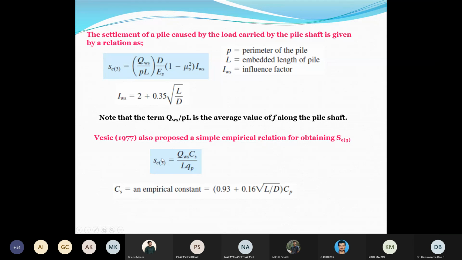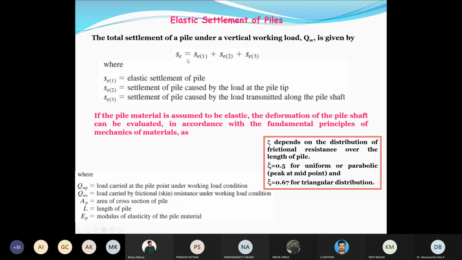That means the elastic settlements are related to the cone penetration, CPT, or SPT, or pressure meter, or anything. Now here I have not given the equation for SE1 because we already discussed it during the elastic settlement of the pile group. Just recall the previous class, then you will get the equation for SE1.